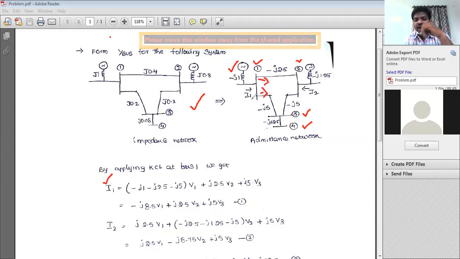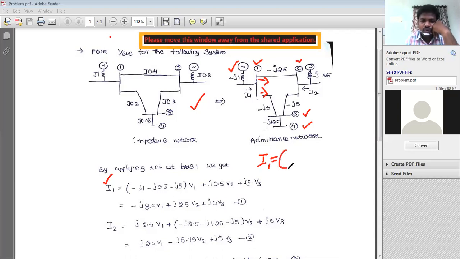So how do we find the total outgoing currents? That is also very, very important. First of all, I am going to write down here. I1 is equal to the sum of 2 outgoing currents. Bus number 1 voltage is given by V1 minus V2 multiplied by Y. Please do remember that I is equal to YV.